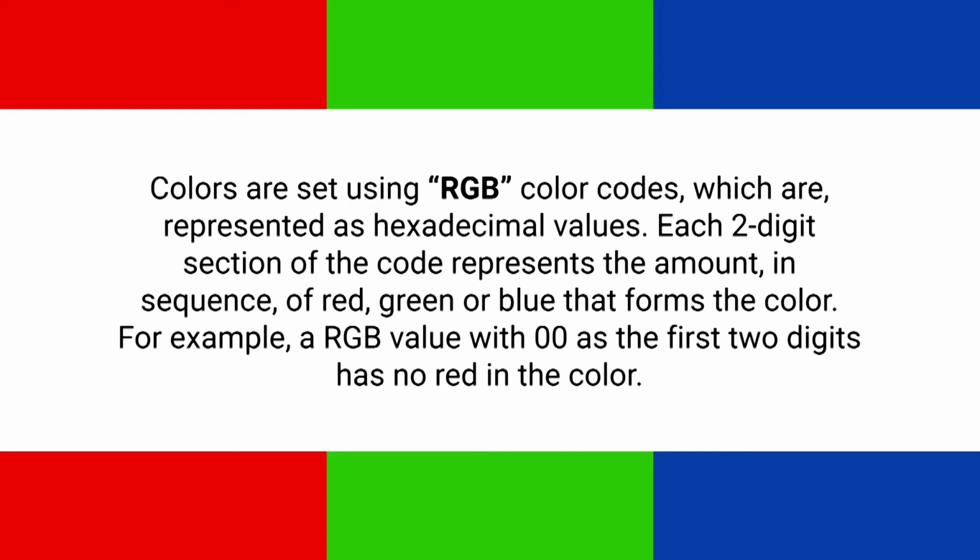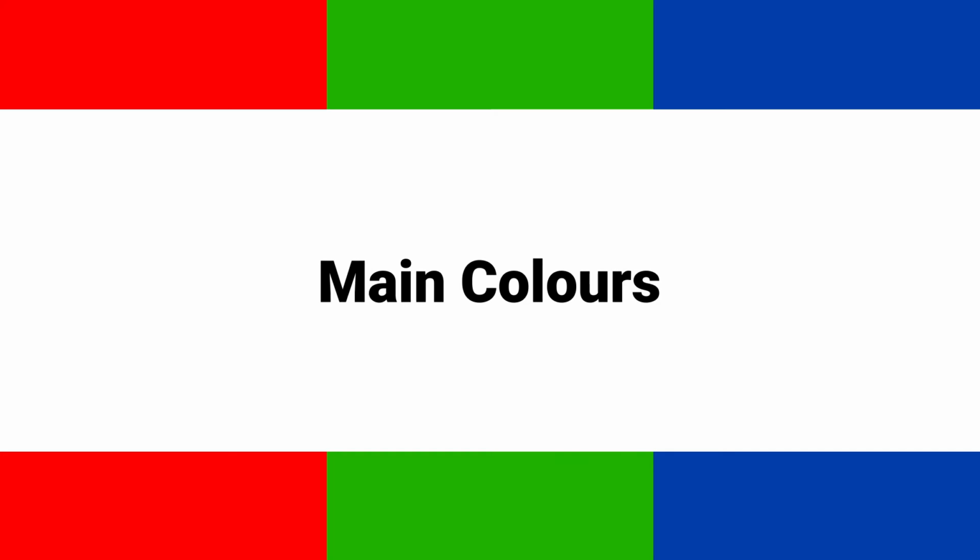For example, an RGB value with 00 as the first 2 digits has no red in the color. If you think about the main colors, it involves only 3 colors, but if you mix those 3 colors with each other, it comes with many more colors.